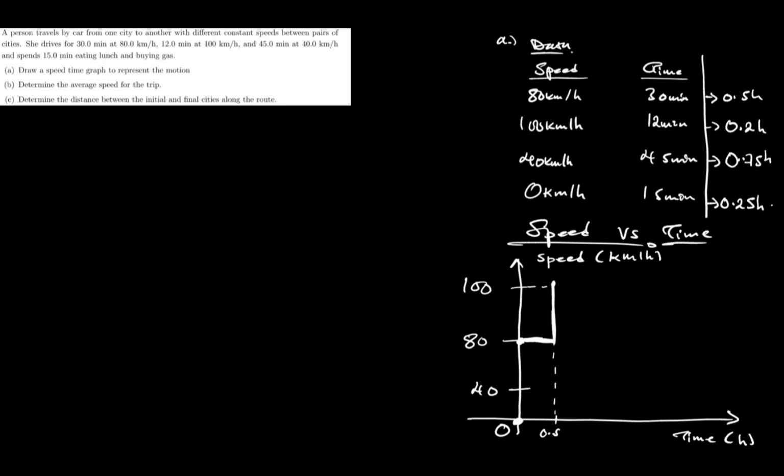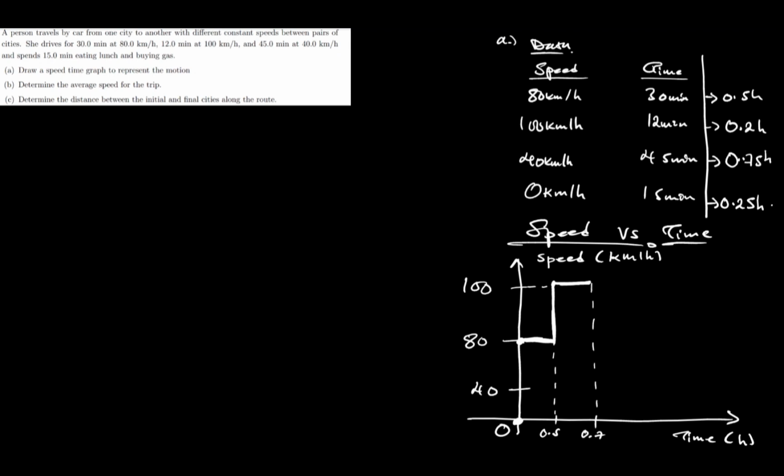Now, simply because your previous time was 0.5, you then have to add 0.2 to 0.5, and you'll get the time that this 100 was maintained, and that was basically 0.7. So you move with this for 0.2 hours, but from the initial to that point is 0.7 hours.